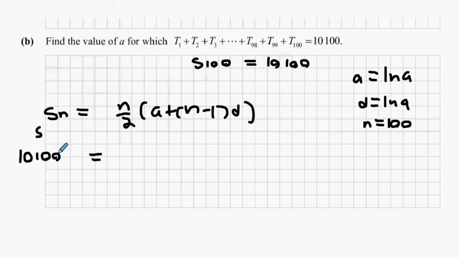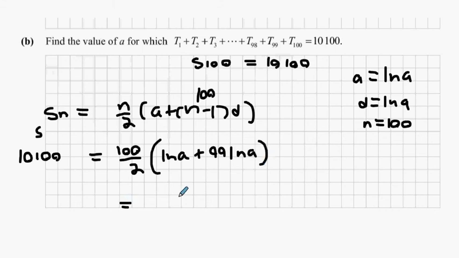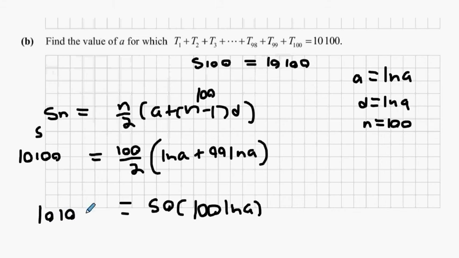equals 100 over 2 into ln A plus 99 times ln A, which equals 50 times 100 ln A, equals 10,100.